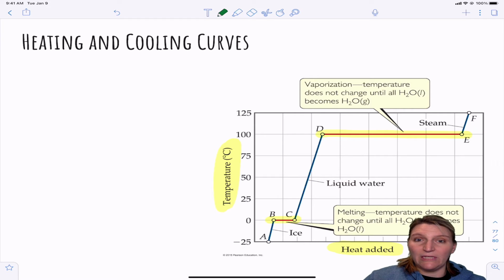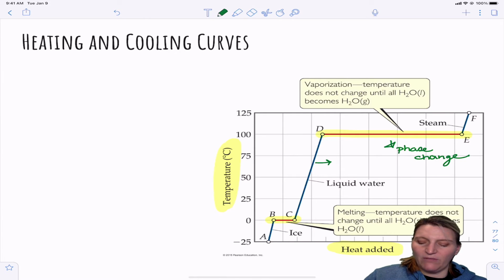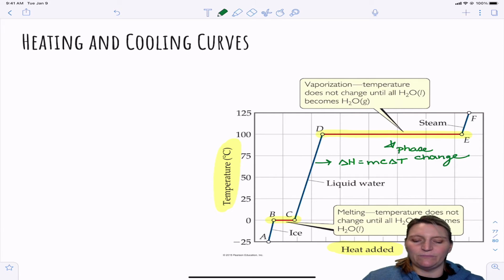So anytime you see a heating curve and you see a flat line, a line with no slope, this means that a phase change is occurring. All the other times, we're just heating up ice, liquid water, or gaseous water. And in order to find how much energy, when we relate energy to temperature change, that's mC delta T.